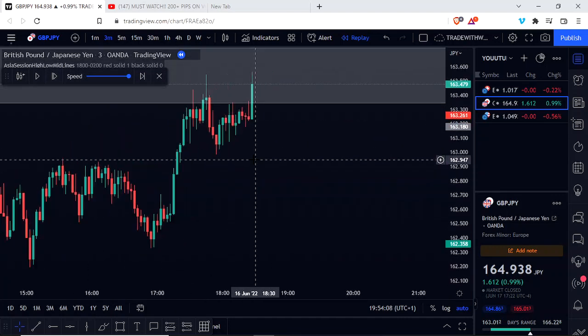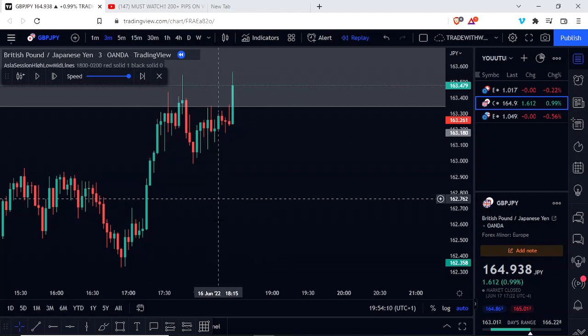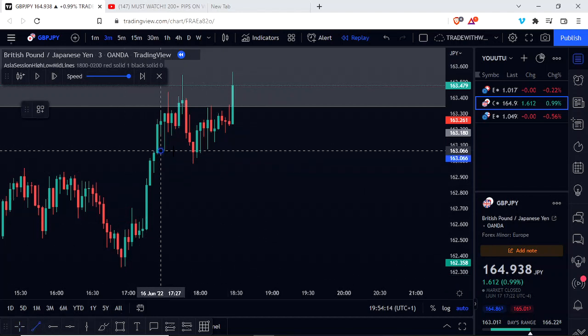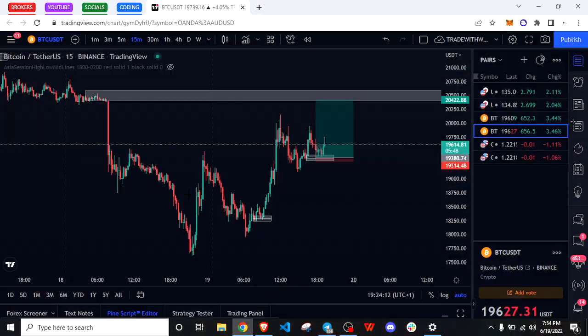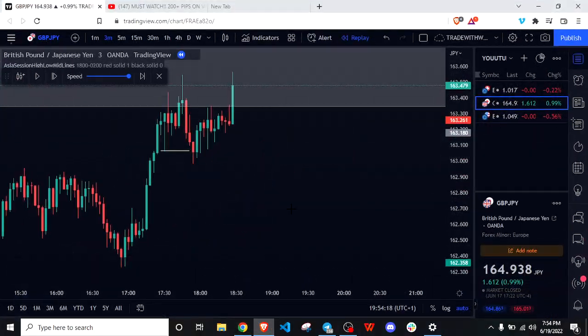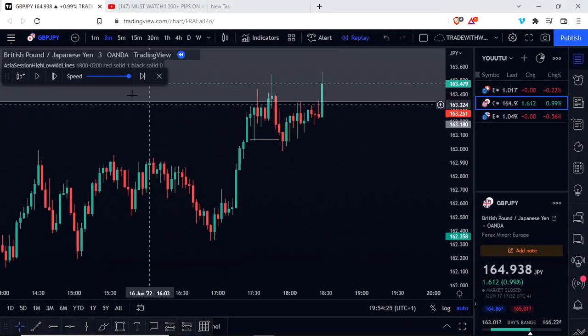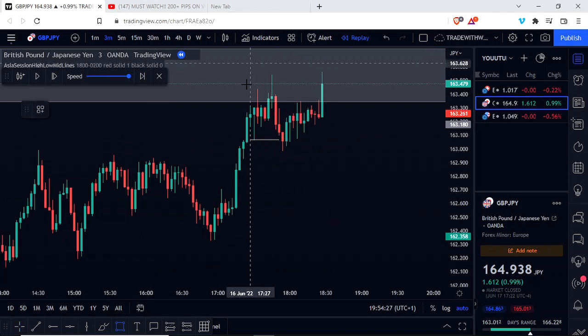Yeah, you can see. Okay, I'm waiting. So you can call this a break of structure too. Yeah, that's a break of structure. Okay, that's a break of structure. Wow, the trade is going well. So that's a break of structure.